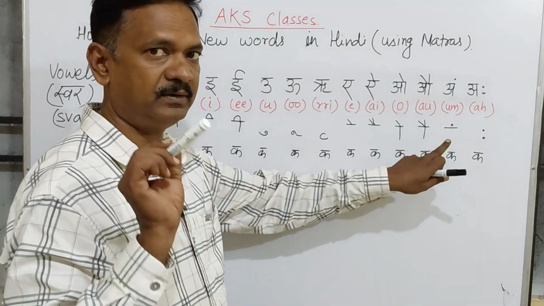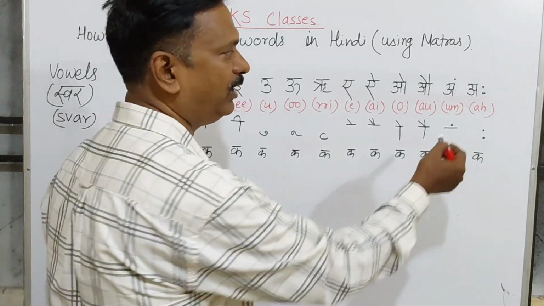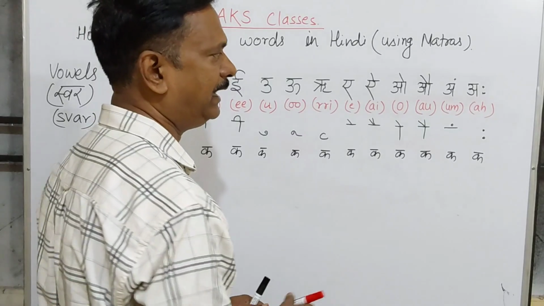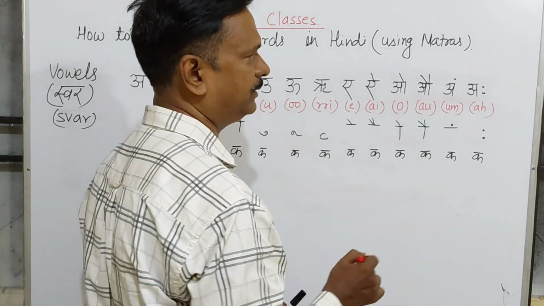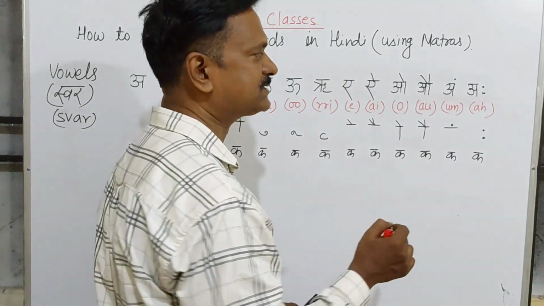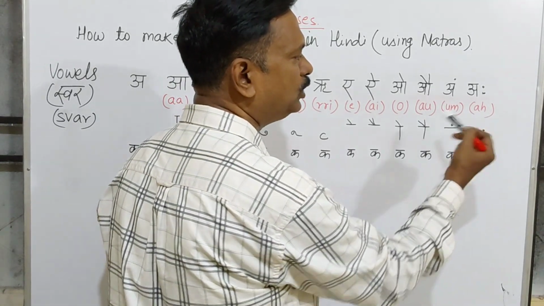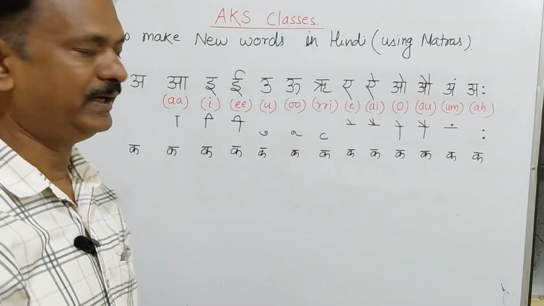Then if a nasal sound is there, we use one dot above this line. And the last one is ah, and for this ah sound, we use two dots beside the consonant.